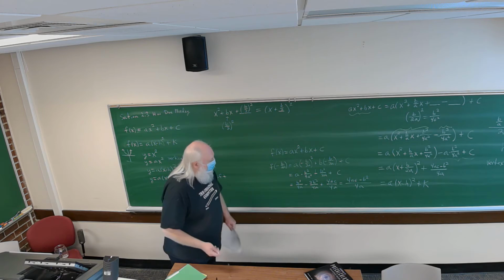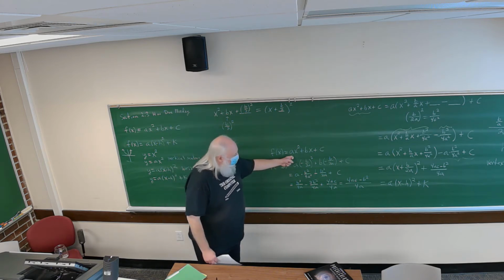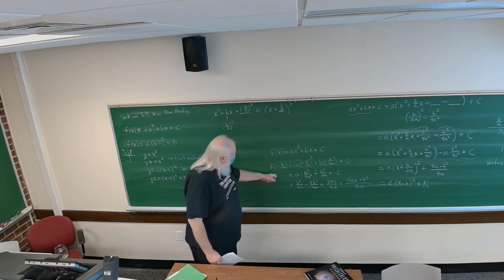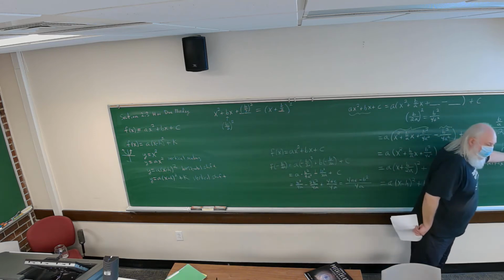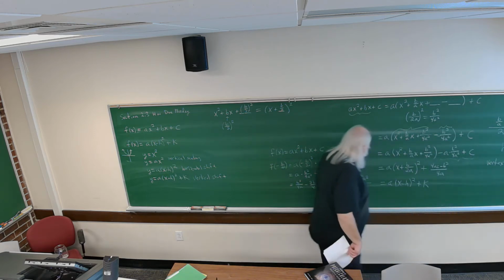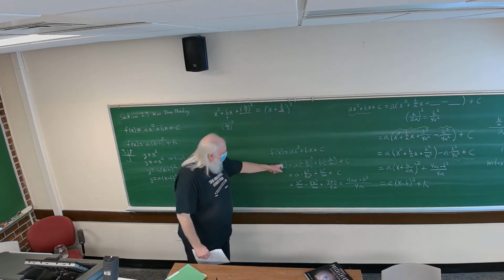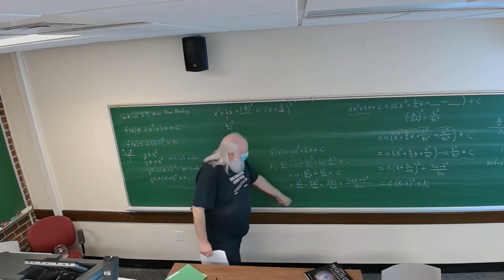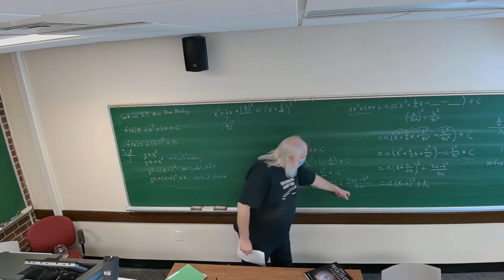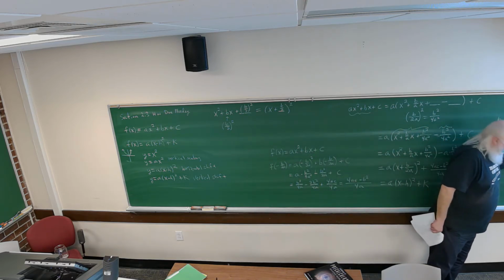So we just proved that when you're given a quadratic function in this form, the x coordinate of the vertex is minus b over 2a. And the y coordinate is f of minus b over 2a. When you plug that in for x over here, you end up with 4ac minus b squared over 4a, which is the y coordinate for the vertex.